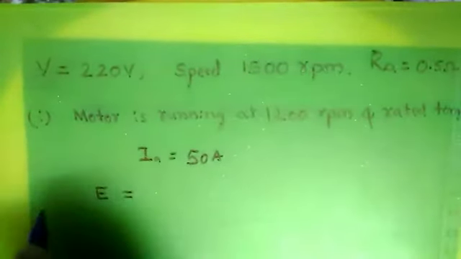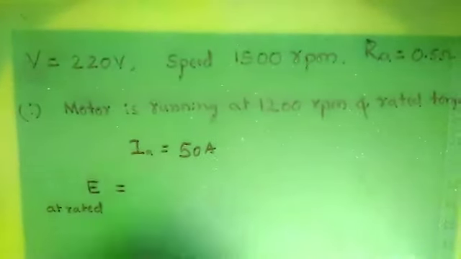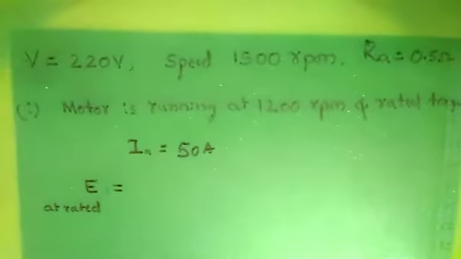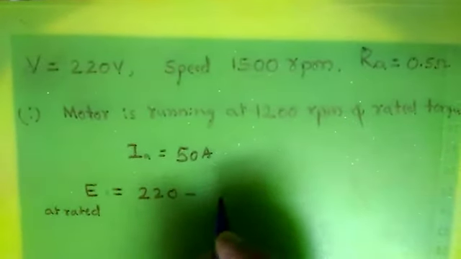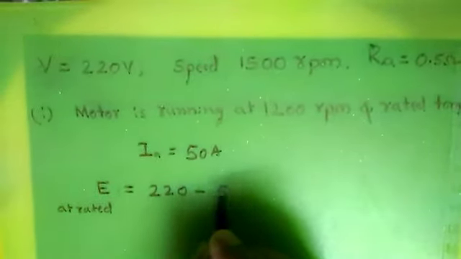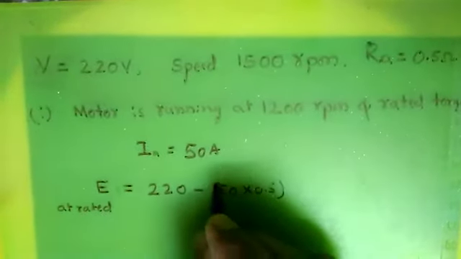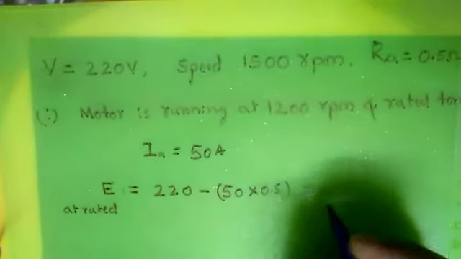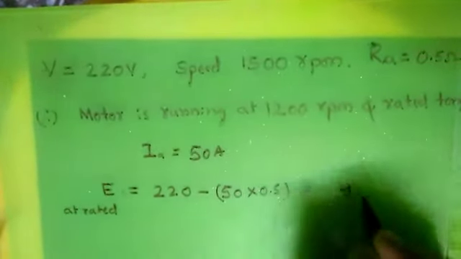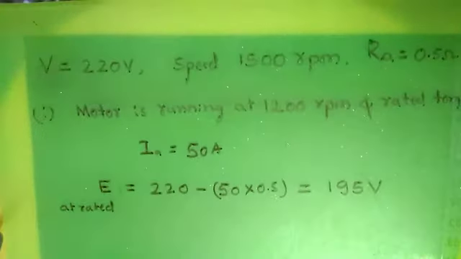E at rated is 220 V minus IA RA, where IA is 50 and RA is 0.5. Here I got 195 volt.